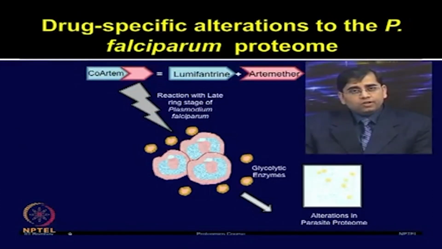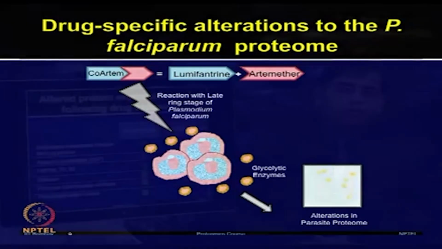Quantitative analysis of the altered protein expression levels following exposure to ARM and LUM was performed, and those protein spots which were differentially expressed and statistically significant were further subjected to mass spectrometry based analysis.